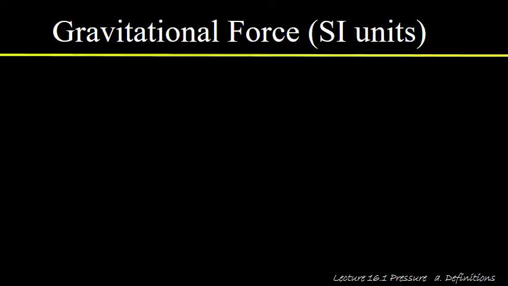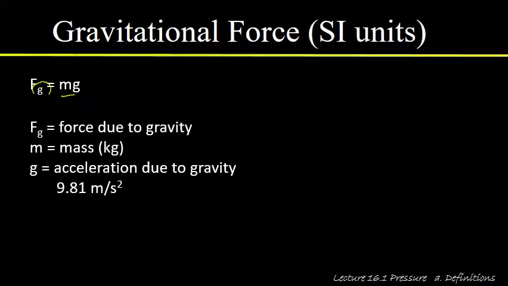All right, so let's look at gravitational force. When we're talking about force due to gravity, we sometimes put a subscript G here to indicate gravitational force. The gravitational force is equal to mg, where F is the force on an object due to gravity, m is the mass of the object, and g is the acceleration due to gravity.